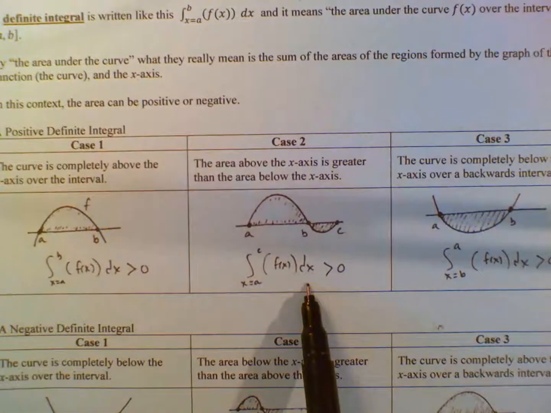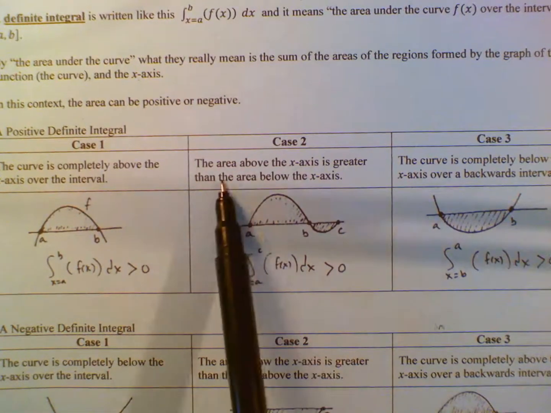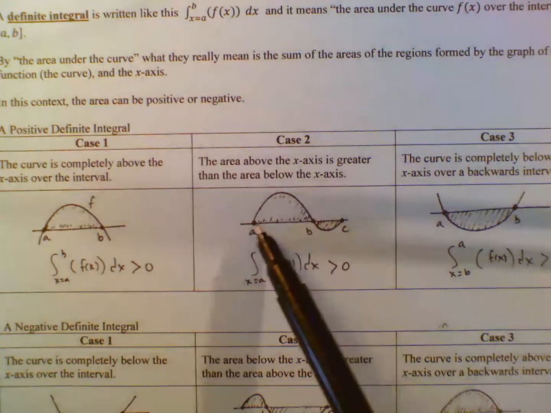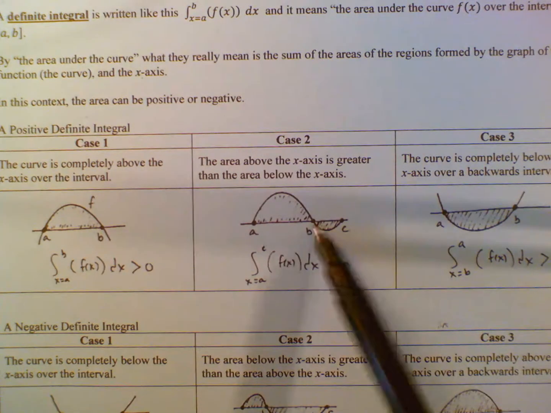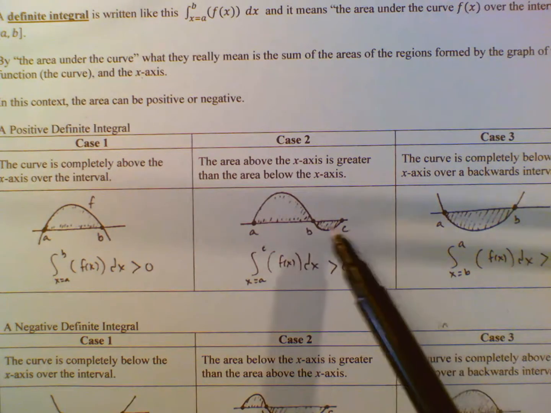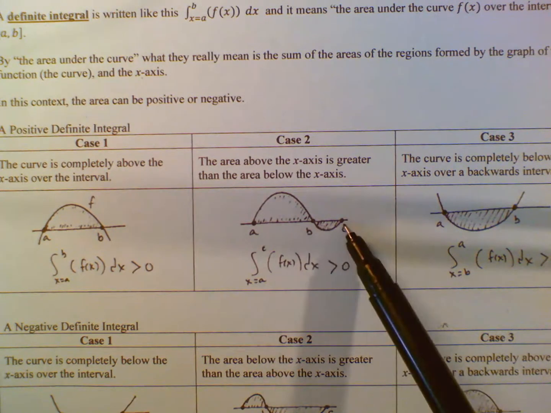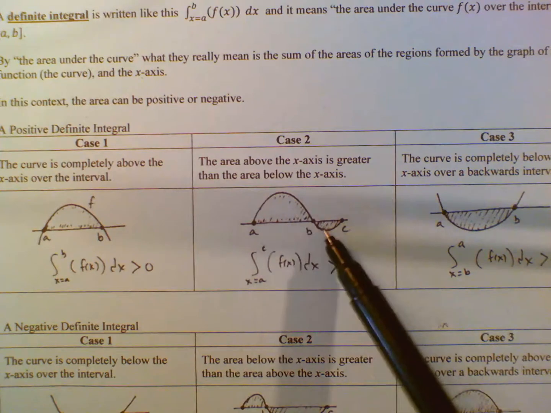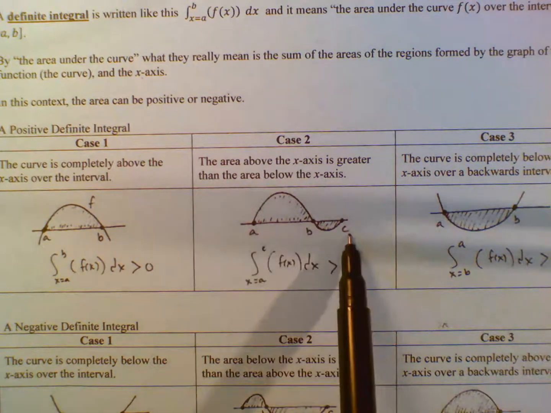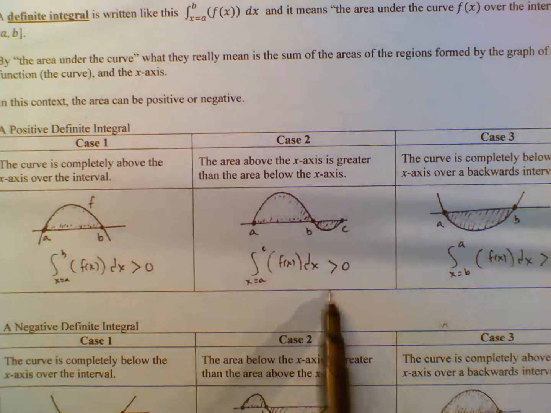Or, as you kind of just saw in my calculator, the area above the x-axis is greater than the area below the x-axis, okay? So the area from a to b under the curve is positive. The area under the curve from b to c is negative, but this positive area is bigger than the negative area. So the total area from a to c under the curve is going to be positive.